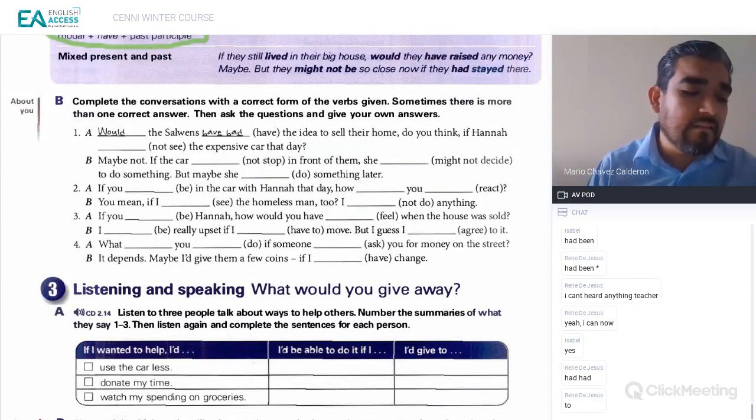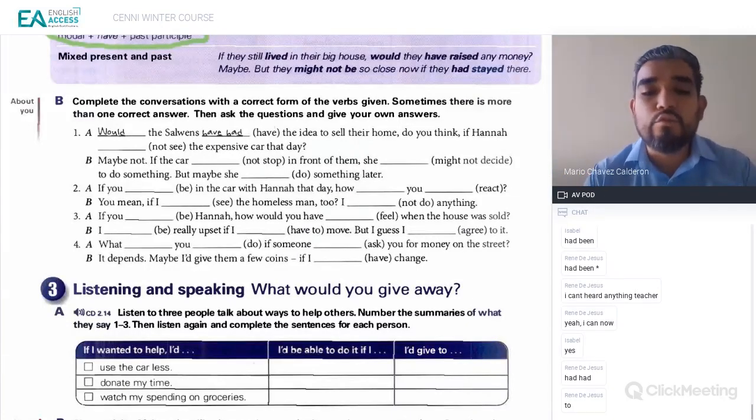Yes, if I had to move. If I had to move.